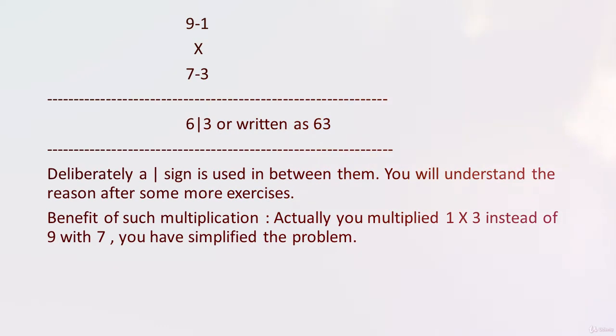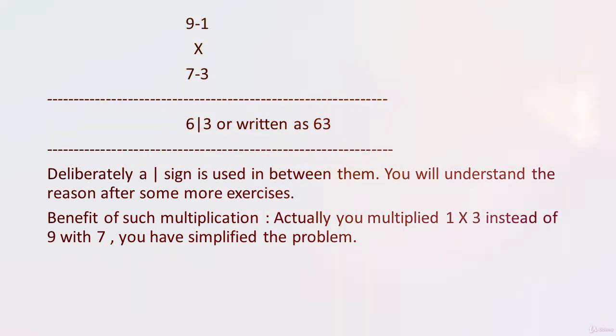So cross addition has given you the left hand side part of the answer, and the right hand side part of the answer was obtained by doing vertical multiplication of right hand side digits, that is the deficiency or excess they had with the base number.